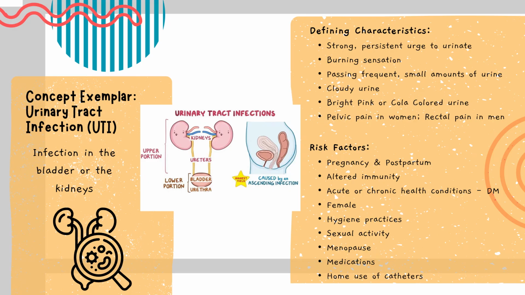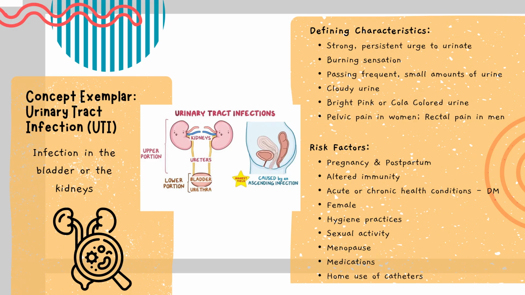If they have a more upper UTI, so we're thinking more pyelonephritis, they may exhibit a fever, chills, flank pain. So at that costovertebral angle in the back, they would have this tenderness when you do a blunt percussion. They may have nausea, vomiting, malaise. And so those are just things that we need to watch for.